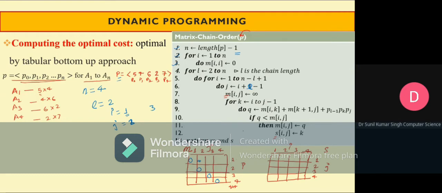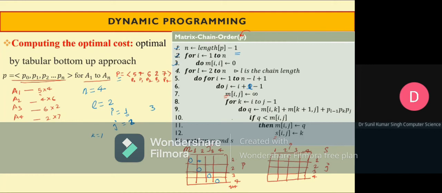So this loop will execute only once, and between 1 to 1, we can take only one value for k, that will be equal to 1.